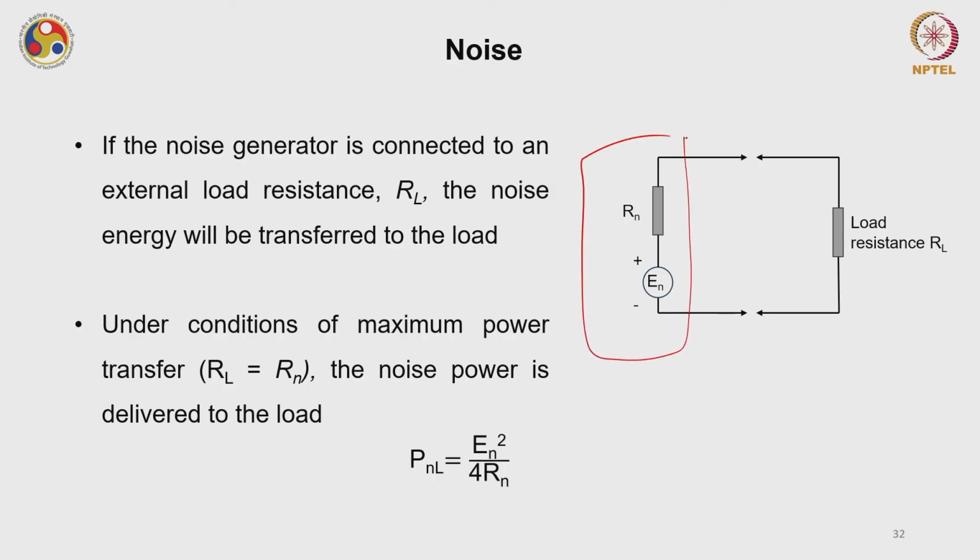If the noise generator is connected to an external load resistance, say RL, the noise energy will be transferred to the load. Under the condition of maximum power transfer, which suggests that RL should be equal to Rn, the noise power delivered to the load is Pn equal to En squared by 4Rn.